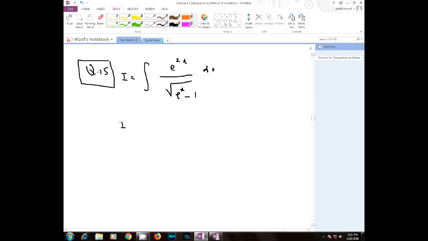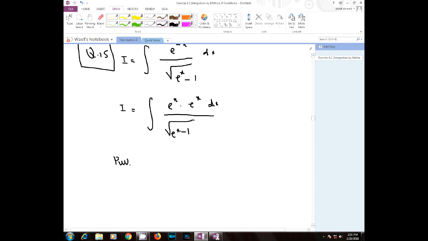This integral can be written as, you can break e raised to the power 2x into e raised to the power x multiplied by e raised to the power x divided by square root e raised to the power x minus 1. Now this is simpler.